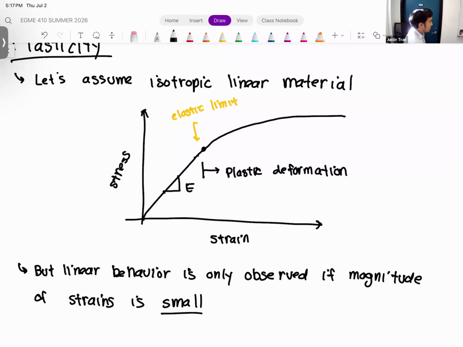So a lot of things change within the material once you get past that elastic limit. First of all, the stress strain relationship is going to be different, so we don't have this linear relationship between the two.